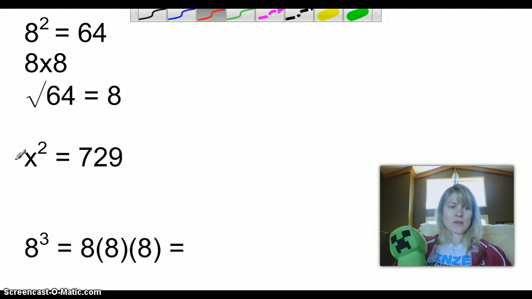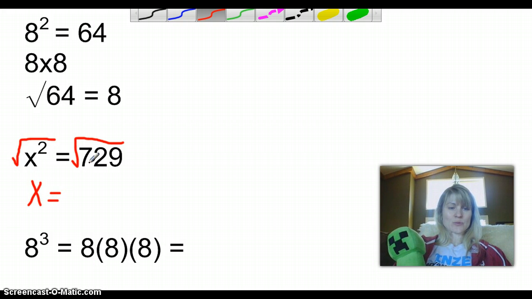So I know that if I take the square root of x squared, and remember what you do to one side of the left, you have to do it to the side of the right, I can take the square root of this and figure out my value of x. So I know the square root of x squared is x. Just like you knew the square root of 64 was 8, because 8 times 8 is 64. Well, x times x is x squared, so the square root of x squared would make it x.